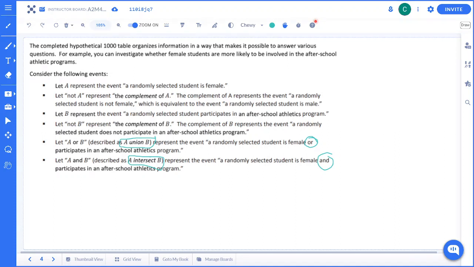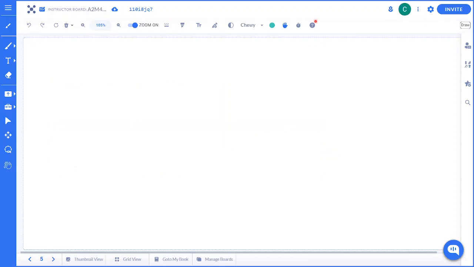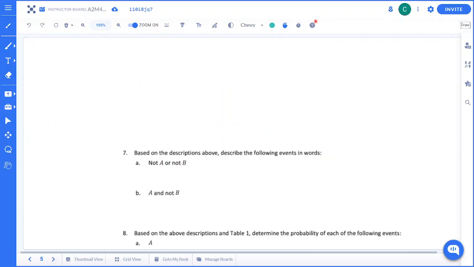So or, this one's going to be much wider, the union, because it's either or, right? As long as she's female or in an after-school program. And intersect, it has to be and. Both of them. Both conditions have to be satisfied.